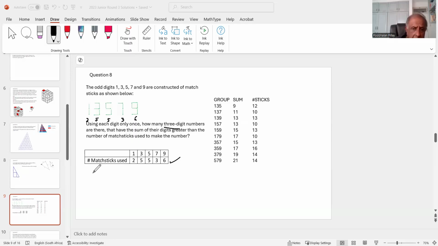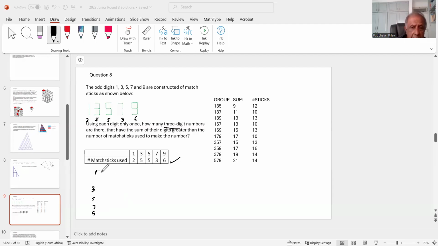You can say, all right, the first digit can be 1. There are many numbers you can have, but there are 5 possible ways in which you can choose the first digit. It can be 1, 3, 5, 7, or 9. So the first digit can be chosen in 5 different ways.